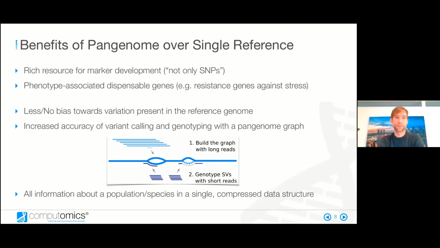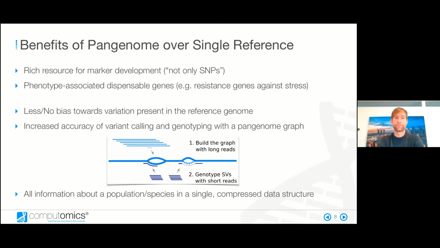An additional benefit is that you don't have a reference bias when analyzing your sequenced material, because if you compare it to a single reference, you will find only variation that is very similar to the reference genome. What is coming up, and is very new, is that you can now have increased accuracy of variant calling and genotyping with a pangenome graph.